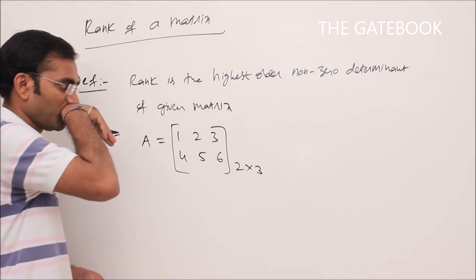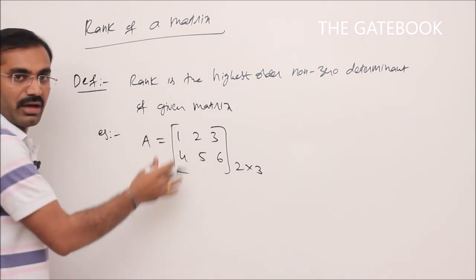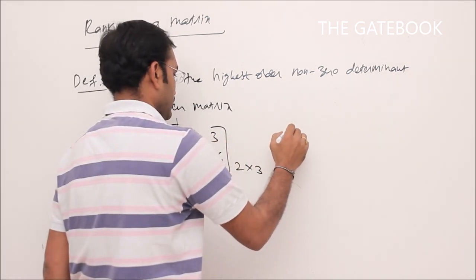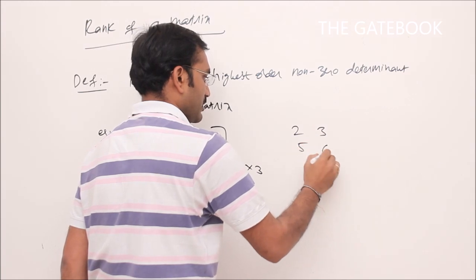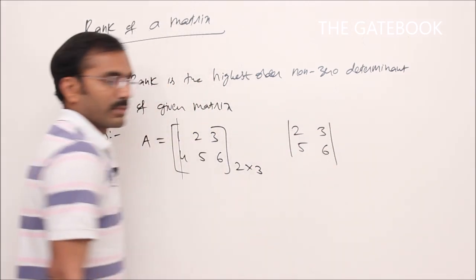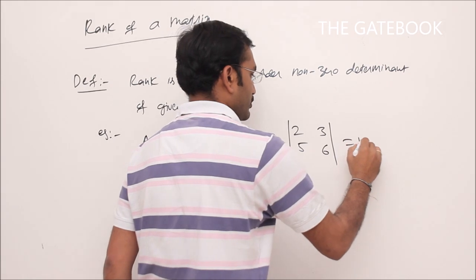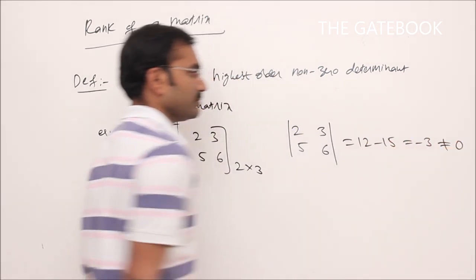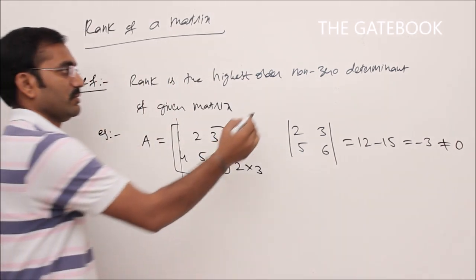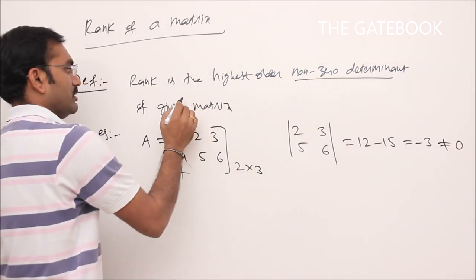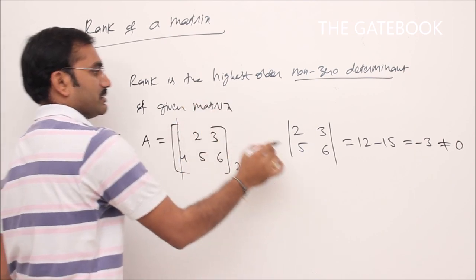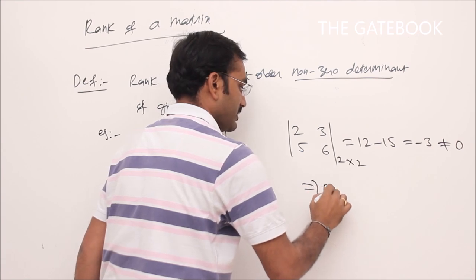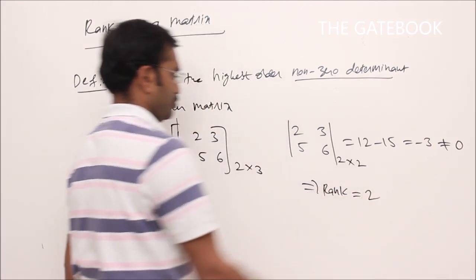So consider any 2 by 2 determinant by eliminating any column. Let us eliminate the first column: 2, 3, 5, 6. The determinant of this matrix is 12 minus 15, which is minus 3, not equal to 0. Whenever the determinant value is non-zero, the order of that matrix gives the corresponding rank. So the rank of this matrix is 2.